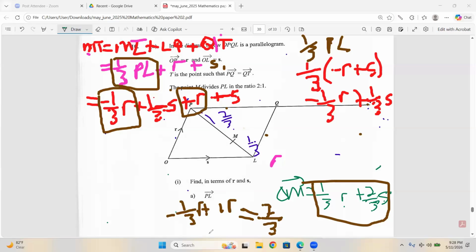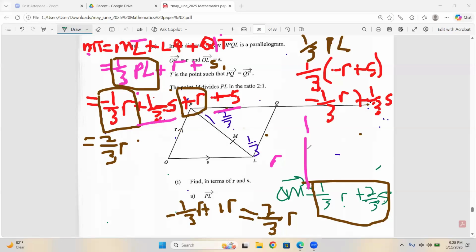I left out the R. And both of them are terms in R. So I got thus far 2/3 R. What else? 1/3 S. We have two terms in S as well.